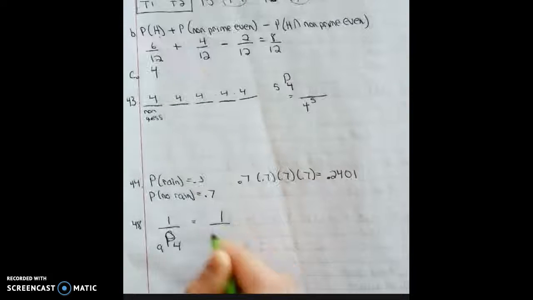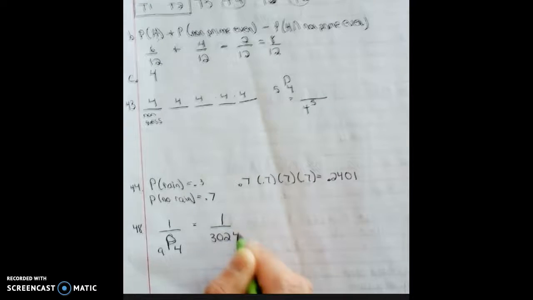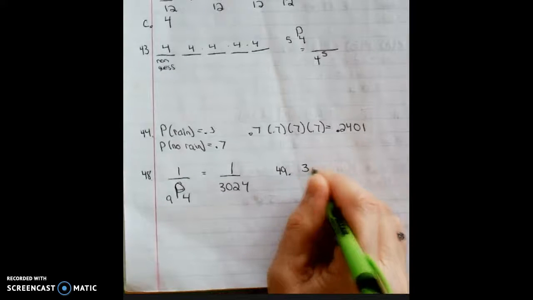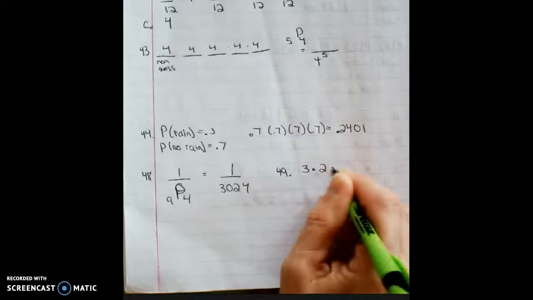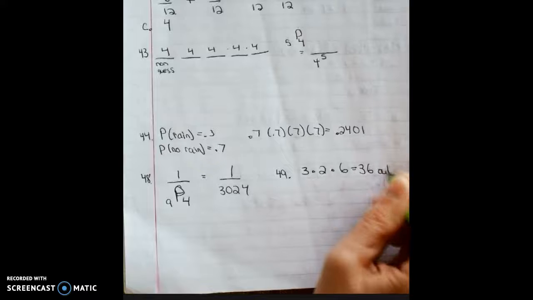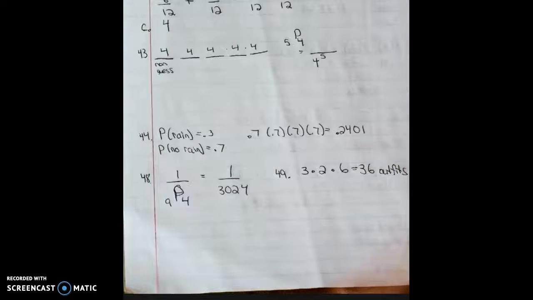So we get 1 out of 3,024. Question 49. Emma's school uniform allows for 3 different skirts, 2 different pairs of shoes, and 6 blouses, so we end up using the counting principle, and there's a total of 36 outfits.